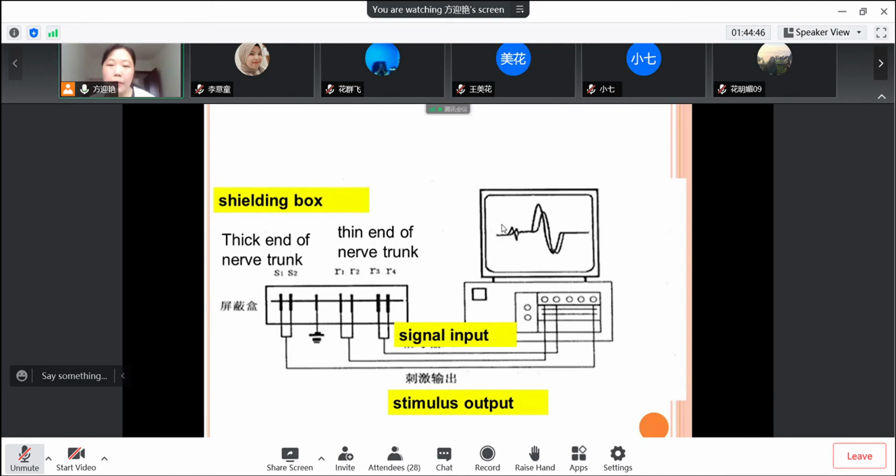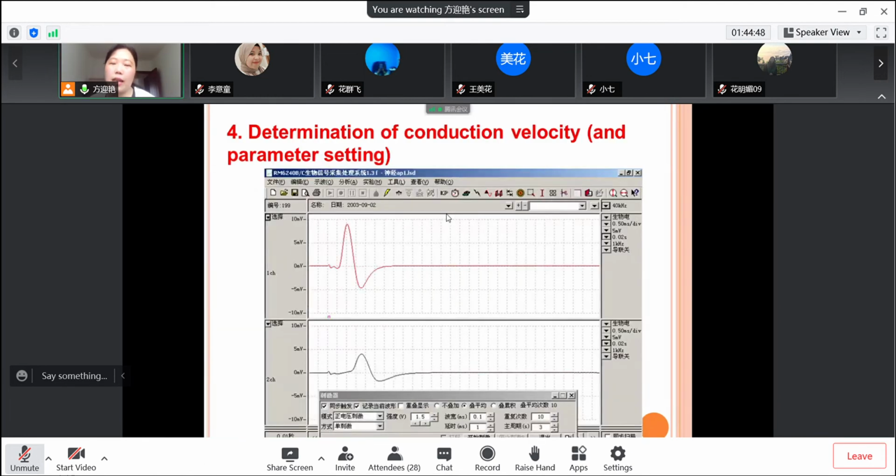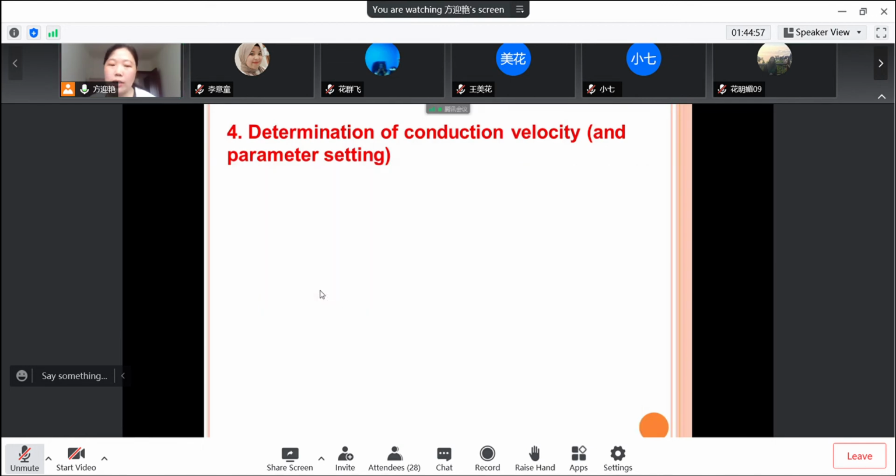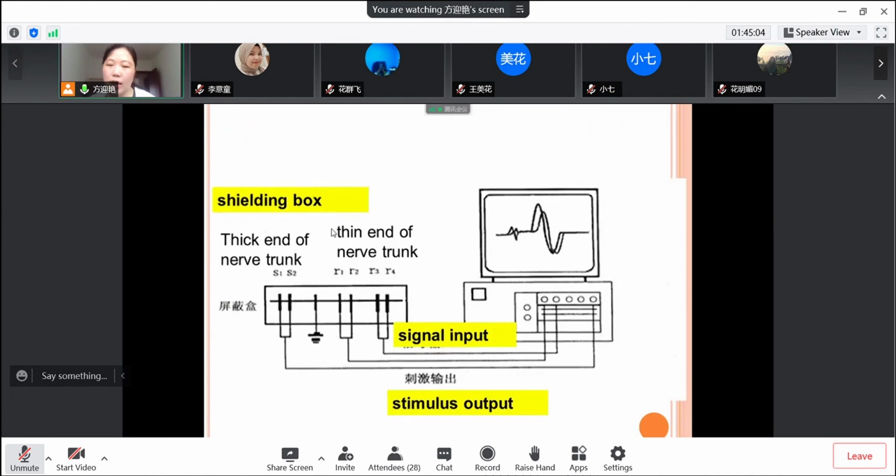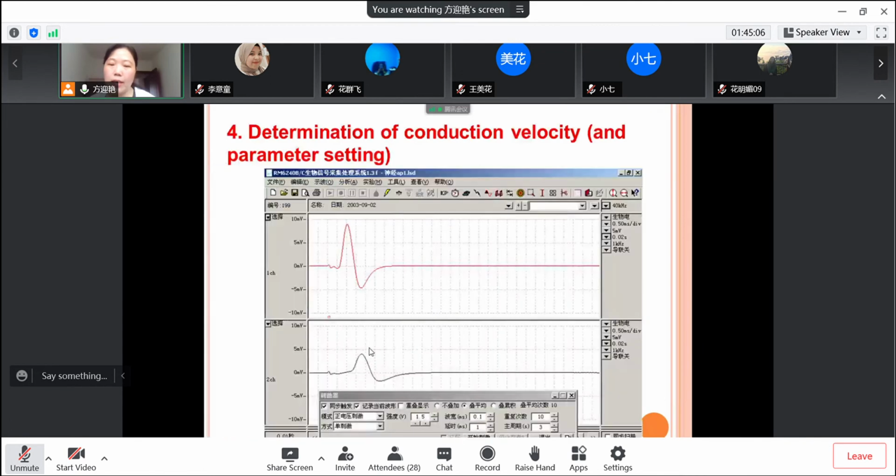So let's find the conduction velocity. Here this is channel 1, this is channel 2. Channel 1 is recorded first, and channel 2 follows.